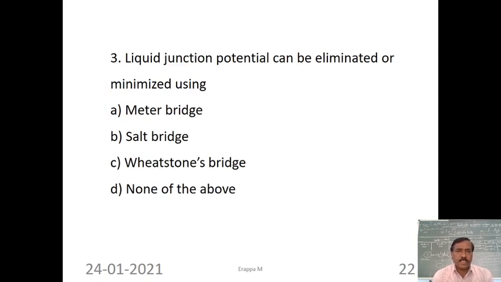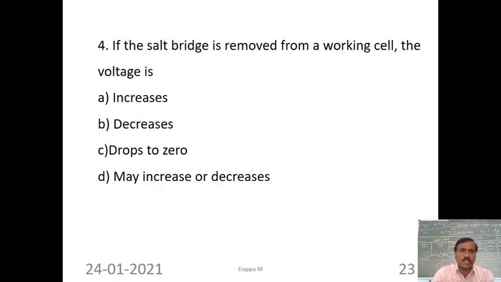Question number 3: liquid junction potential can be eliminated or minimized using A, meter bridge, B, salt bridge, C, Wheatstone bridge, D, none of the above. For this question, LJP can be eliminated by B, that is salt bridge.